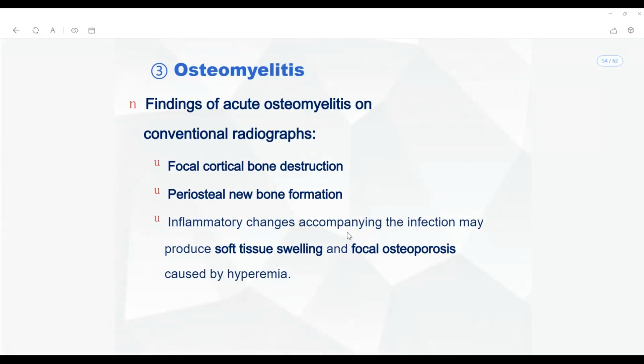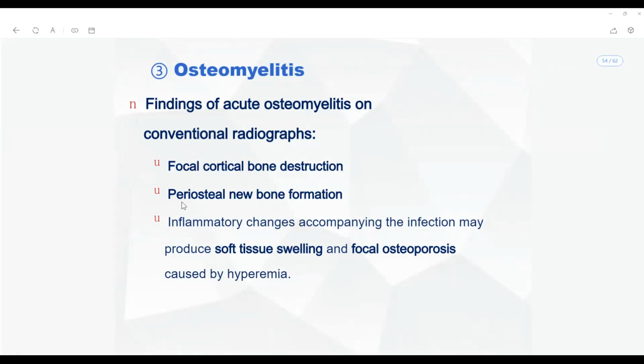All right. You see here, remember periosteal reaction. Periosteal reaction is the removal of the periosteum from its bone surface. So where the periosteum is lifted off, it is called a periosteal reaction.